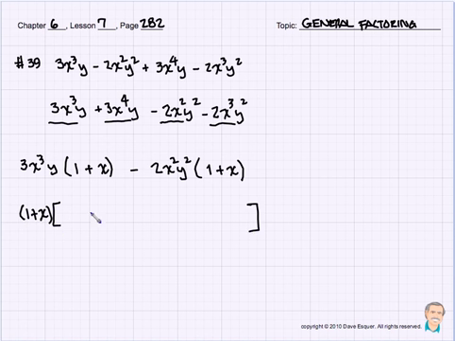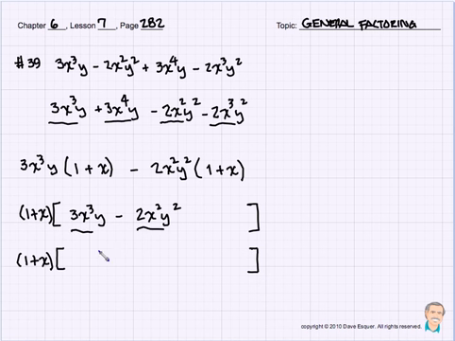And if we do that, then we're left on the inside with a 3x cubed y minus a 2x squared y squared. And if we stare at that for just a second, we have the 1 plus x. And we could even factor out one more piece.